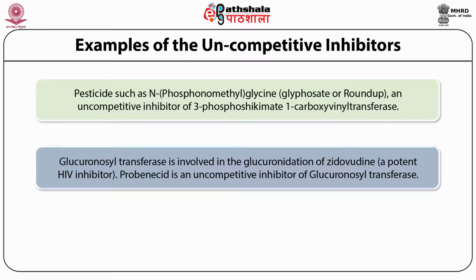The third example is L-phenylalanine. L-phenylalanine is an uncompetitive inhibitor of rat intestinal alkaline phosphatase. Although uncompetitive inhibition is not a very common type of inhibition, it rarely happens, but it is an important mechanism.